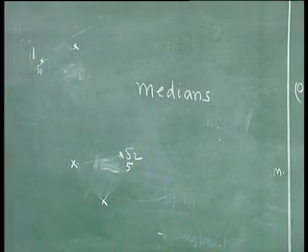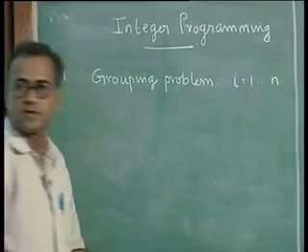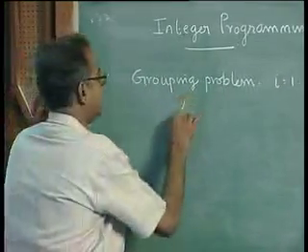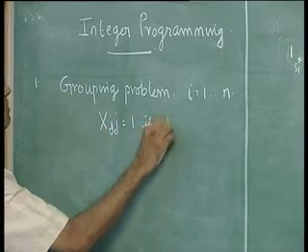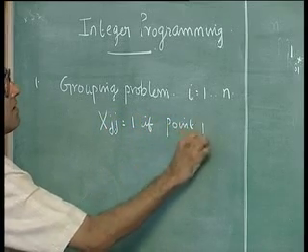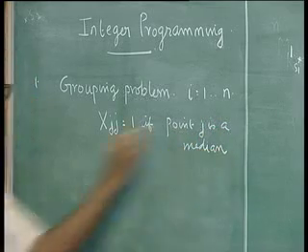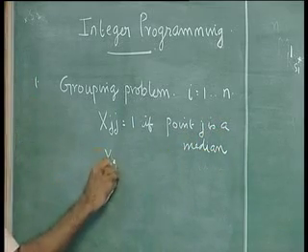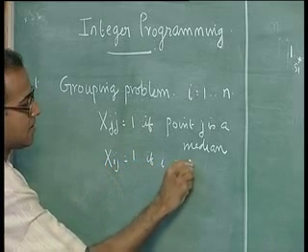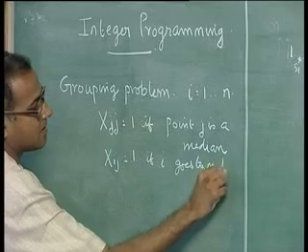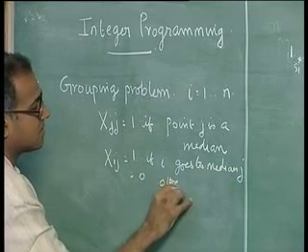So the formulation will look like this. I have i points, i equal to 1 to n. I will first put this condition: xjj equal to 1 if point j is a median, and xij equal to 1 if i goes to median j, equal to 0 otherwise.